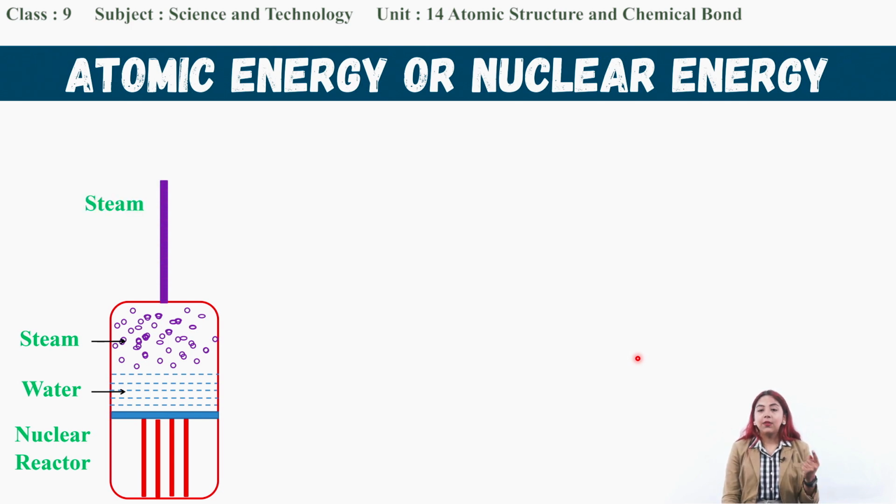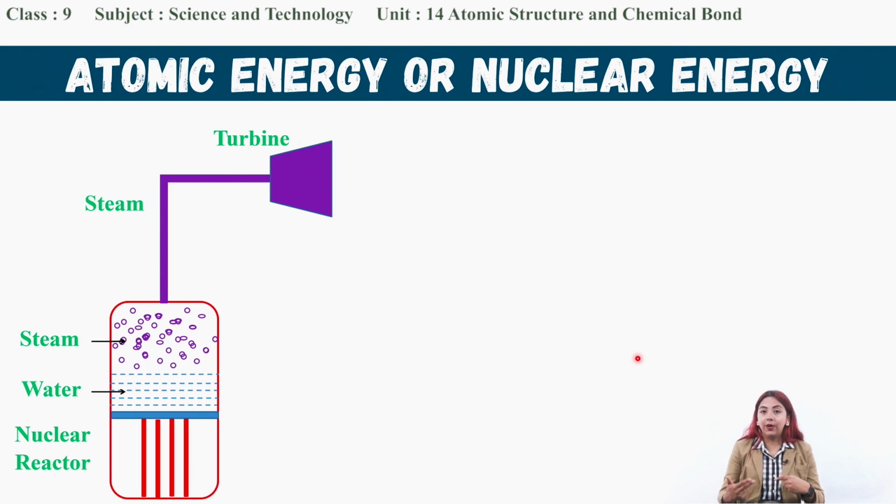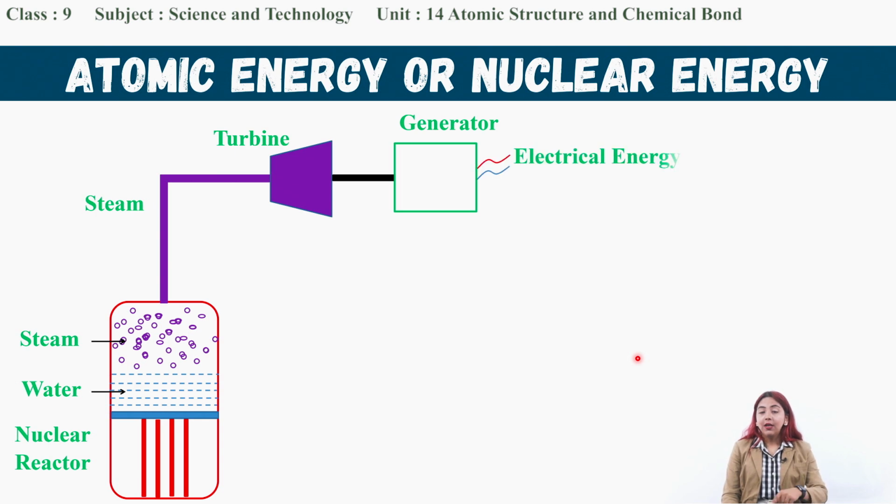Now this steam reaches the turbine and rotates the turbine, which in turn rotates the coil that is present inside the generator. When the coil rotates inside the generator, electricity is produced. And this electricity is used for various purposes in our day-to-day life.